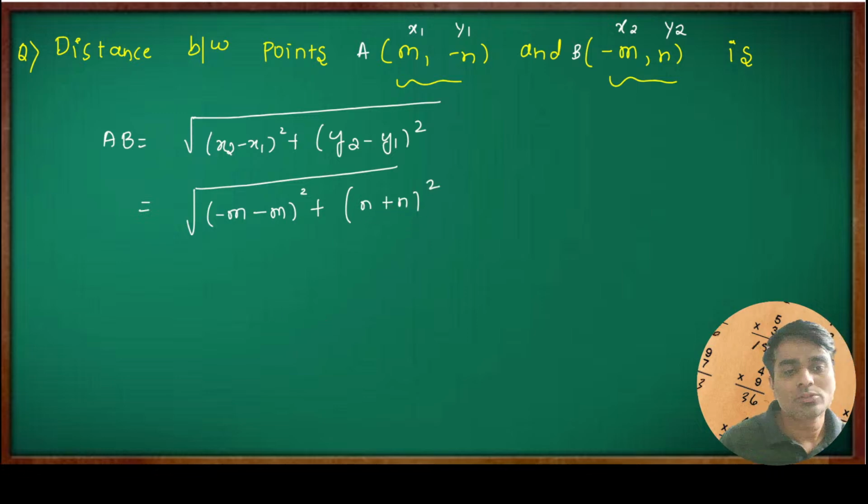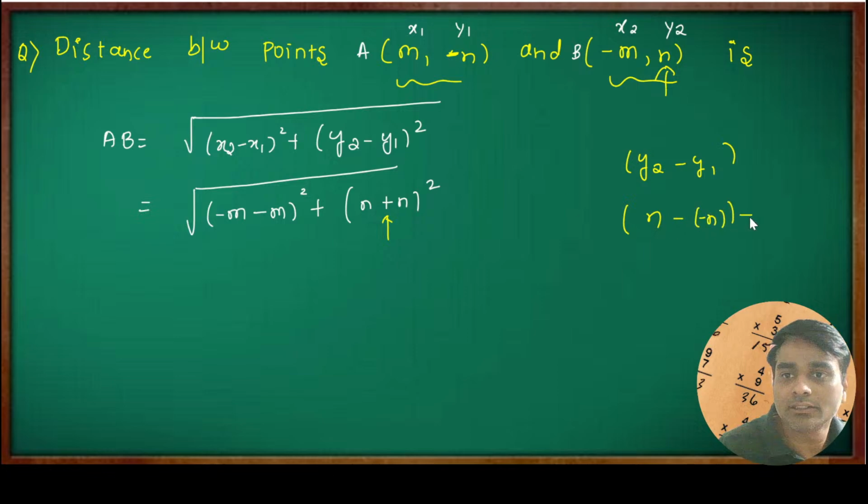So how I got plus, you people know now how I got this plus. See here you have y2 minus y1, right? So your y2 is n from here, then minus, and your y1 is minus n, see there, so minus minus n, so this becomes n plus n, okay, then whole square.